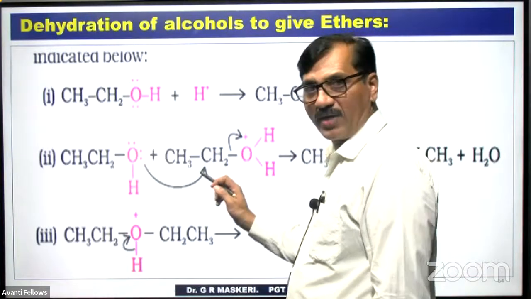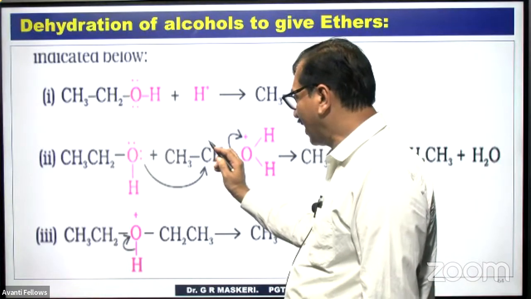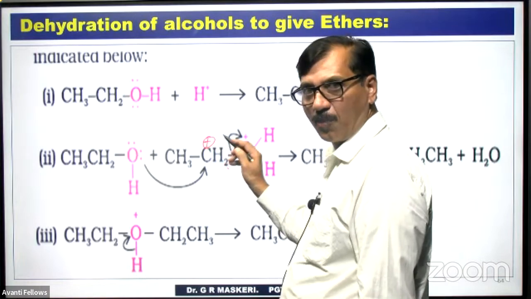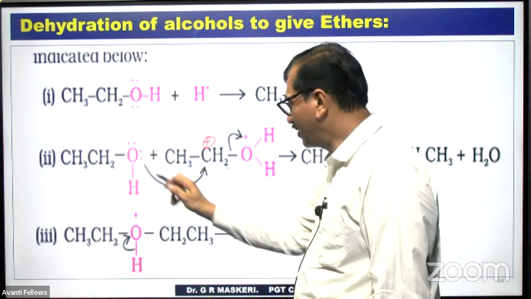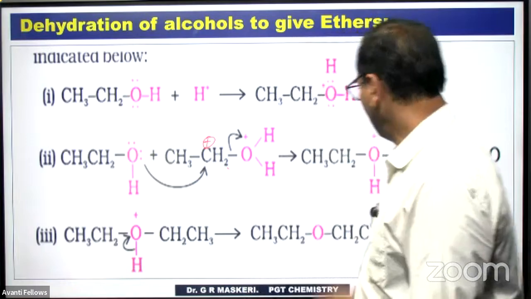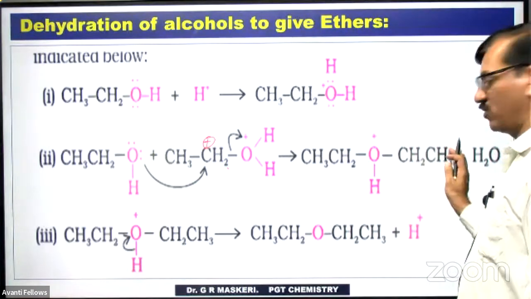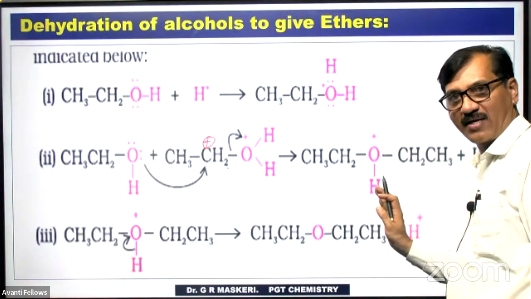Look at the arrow mark very carefully. When protonated alcohol leaves this bond, this is the chance of having positive charge. To this positive center, this oxygen moves in. This oxygen attaches to this carbon. Therefore, the compound results in this way. Two alkyl groups sandwiched, oxygen is sandwiched there and H is there.